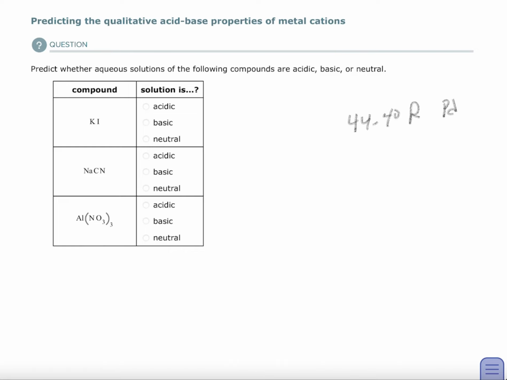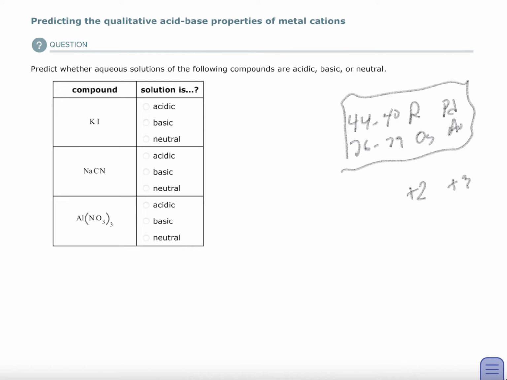And then right underneath them would be 76 through 79, that's osmium through gold. They would be slightly acidic. So really, the rule of thumb, I doubt for a minute that you're going to have any of these as your examples. My guess is that you're going to have really small transition metals, and you're looking for transition metals that have maybe a +2 or a +3, and if you do, they're going to be slightly acidic.